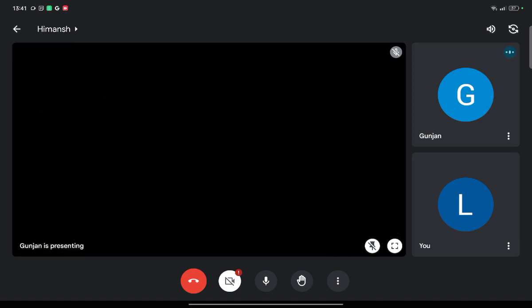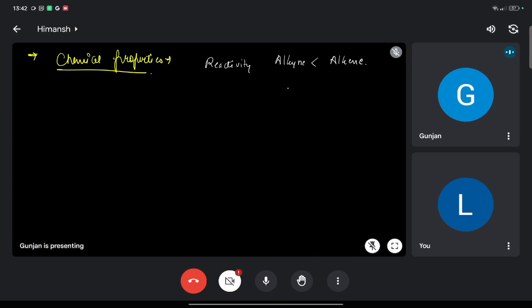Moving on to another property, the chemical properties. Alkynes are less reactive than alkenes, obviously, because the pi electrons in alkynes are more closely held.